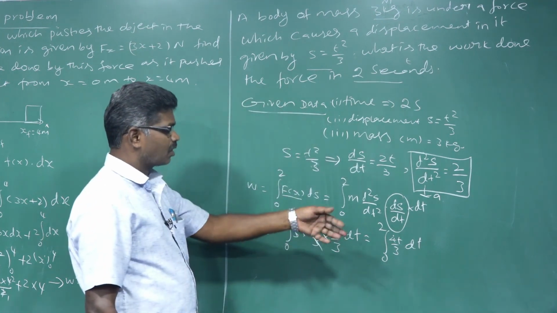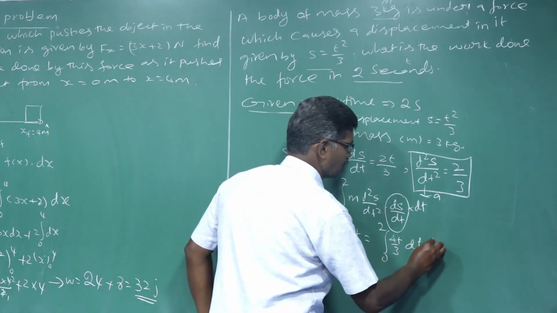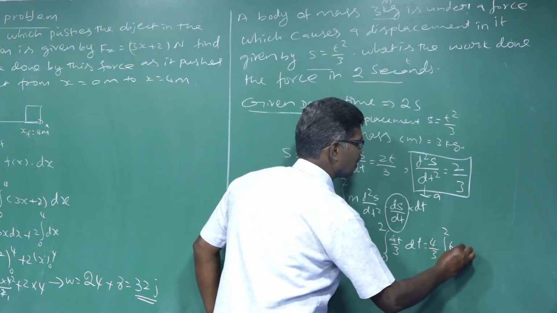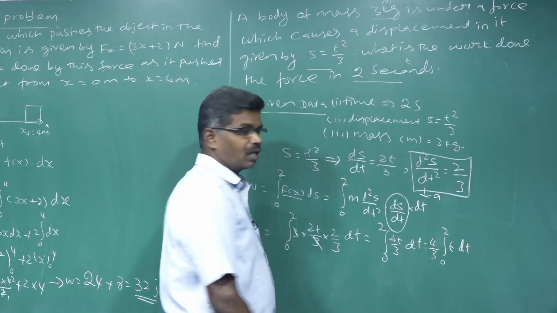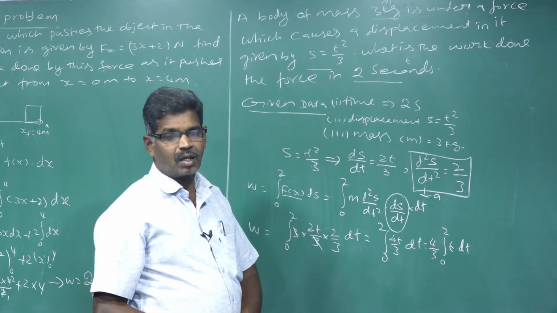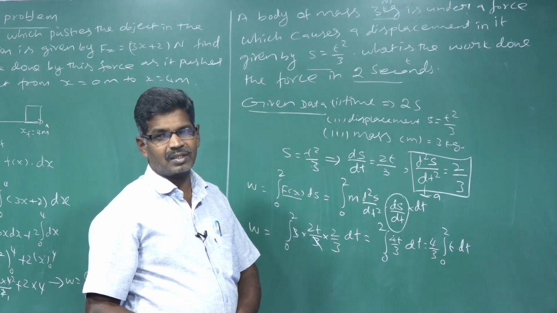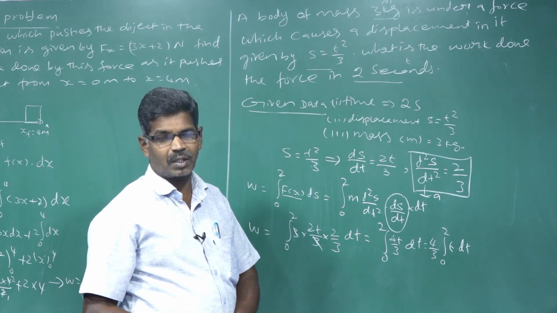4 by 3 is a constant, taken out. Integral 0 to 2 of t into dt. We have the integration formula, integral x to the power n into dx is equal to x to the power n plus 1 divided by n plus 1.